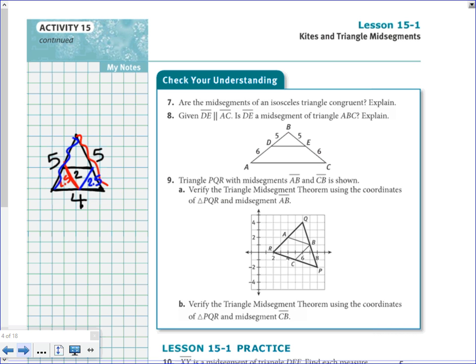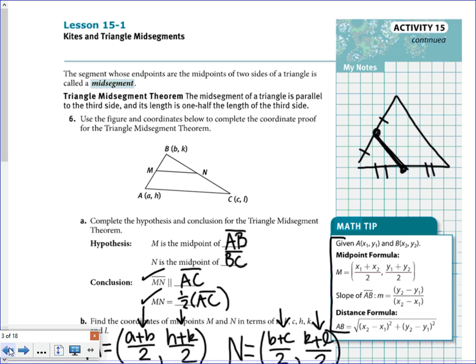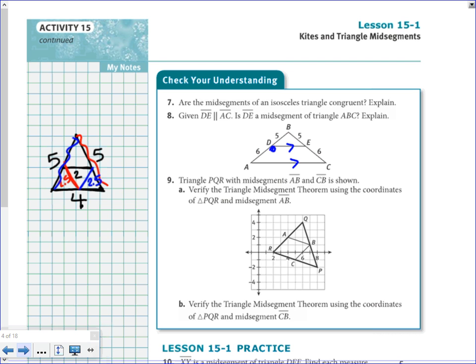Then looking at number 8, DE and AC are parallel. So then it asks, is DE a midsegment of triangle ABC? And so I want to go back to page 207 at the very top. A midsegment is a segment whose endpoints are the midpoints of the sides of a triangle. Is D the midpoint of side AB?